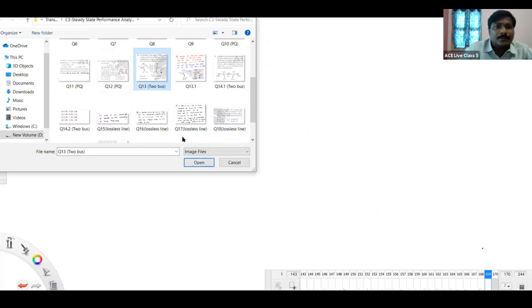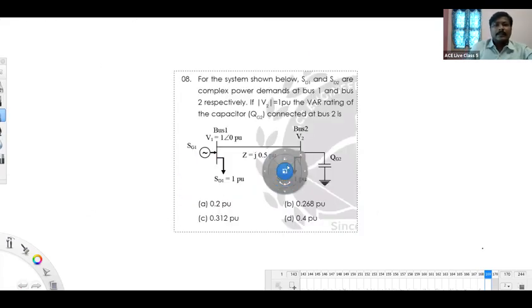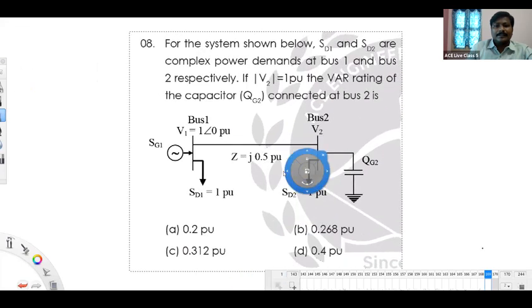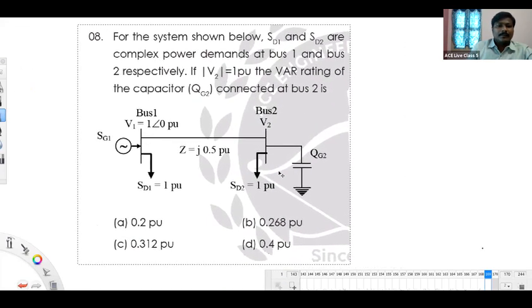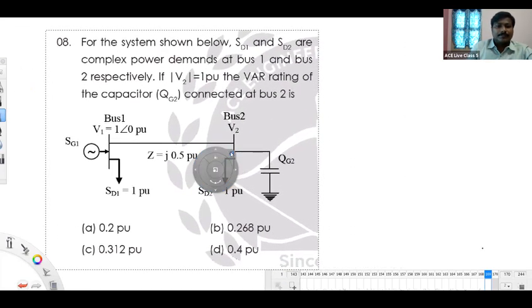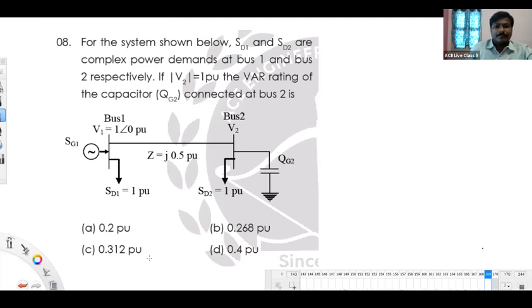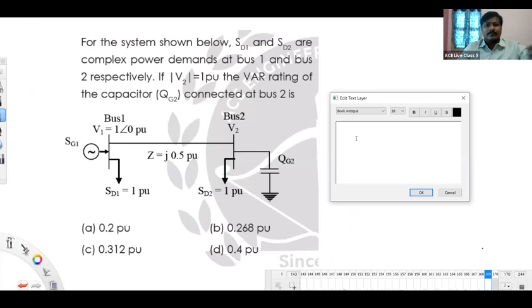We already discussed this problem in the previous case. Just go through it now. It's a previous GATE examination question.